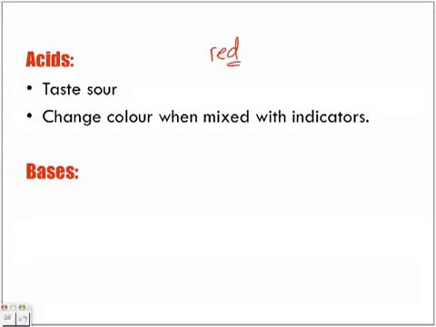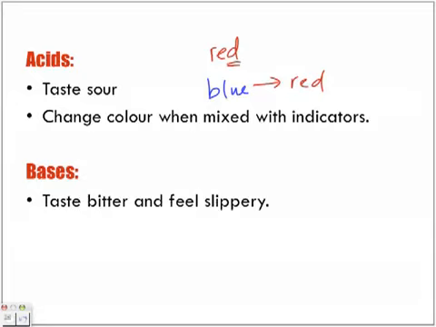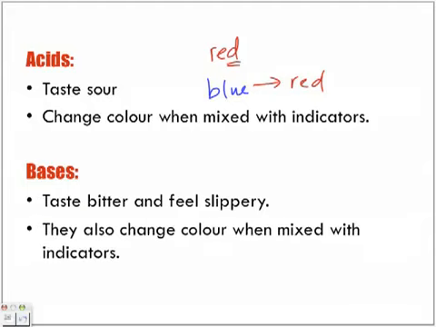So red litmus paper will stay red if it's an acid, but blue litmus paper will also turn red in an acid. So you can use red or blue litmus paper. Now for bases, they taste bitter and feel slippery.